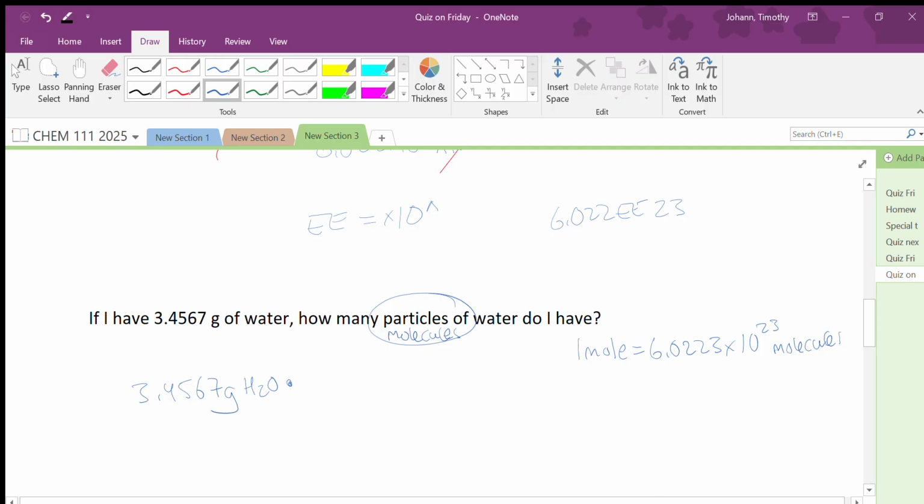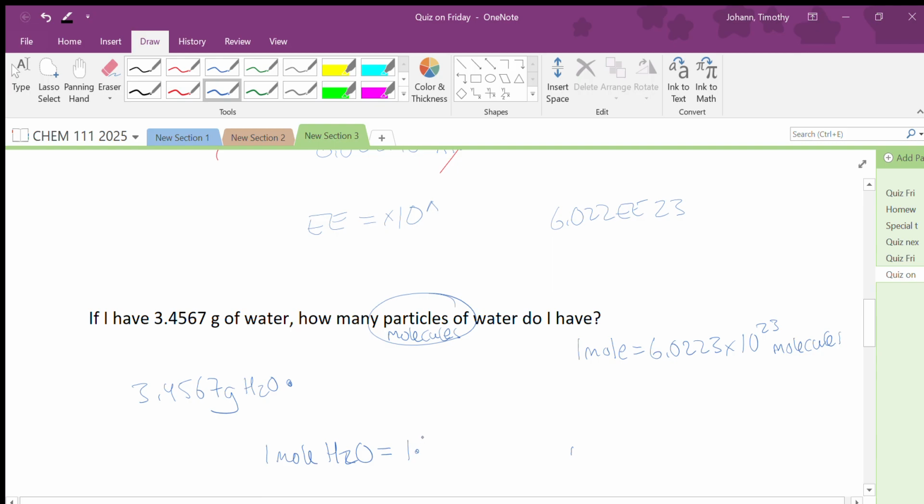Then I'm going to need to get to moles from grams. How do I do that? What do I use? I'm going to use the formula weight of water. So 1 mole, I'll put it down here because we're going to string it out. 1 mole of water has how many hydrogens and how many oxygens?